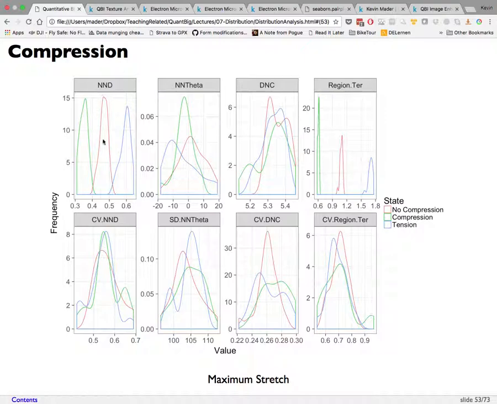This nearest neighbor distance is also very good, but there are these points that would be potentially difficult to see which one was better suited for identifying that or not. And then clearly these other parameters potentially could be used, but it is much harder to come up with clear thresholds of when you would say it's compressed and when you would say it's not compressed.